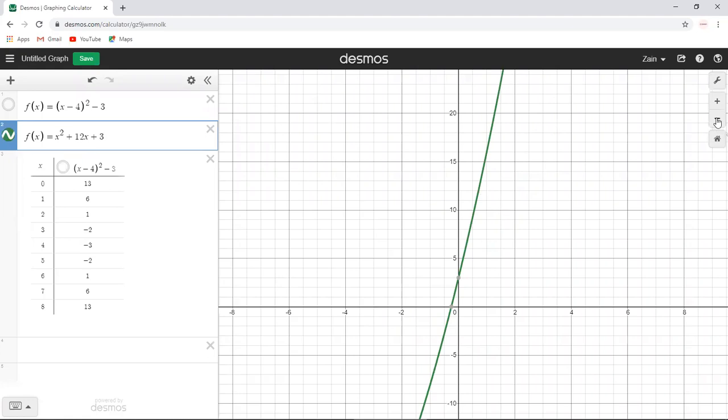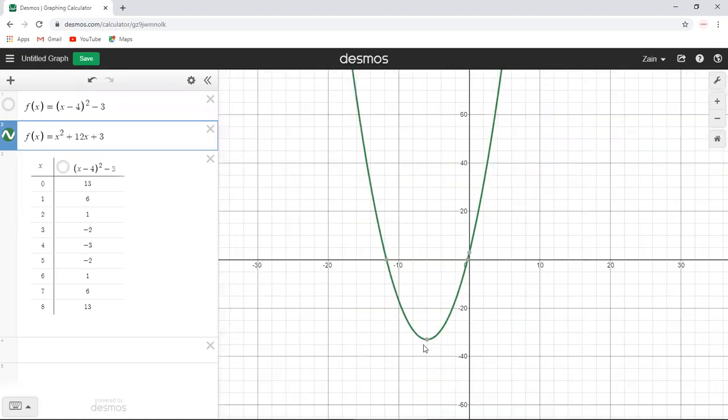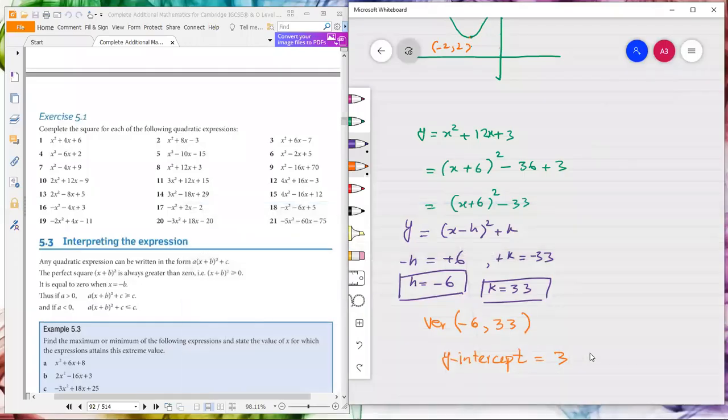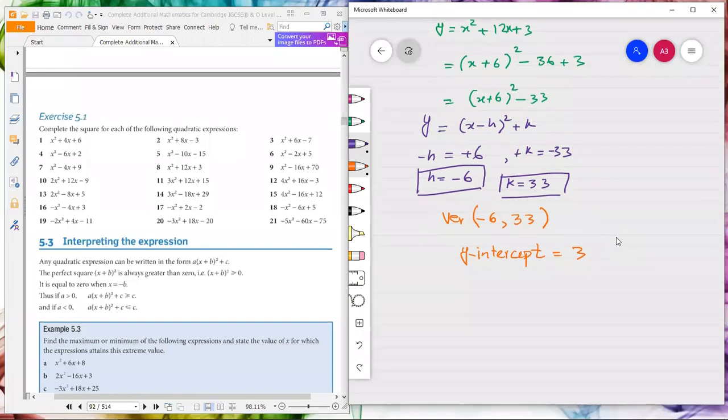This is the vertex, minus 6 and minus 33, while this is the y-intercept, which is 0 and 3, meaning this graph is crossing the y-axis at 3. I just made a mistake here, this is minus 33.